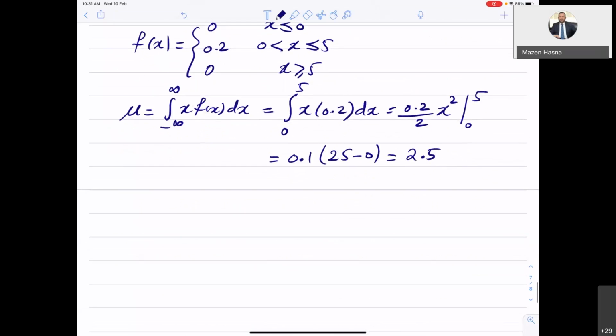We can also do the variance. Variance is, again by definition, the integration from minus infinity to infinity of x squared f of x dx minus mu squared.